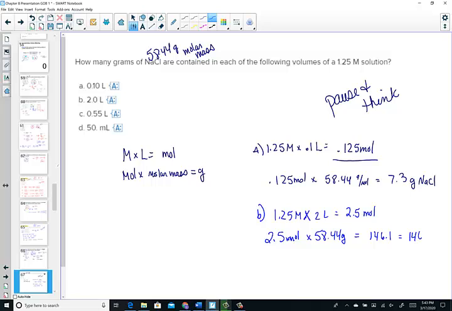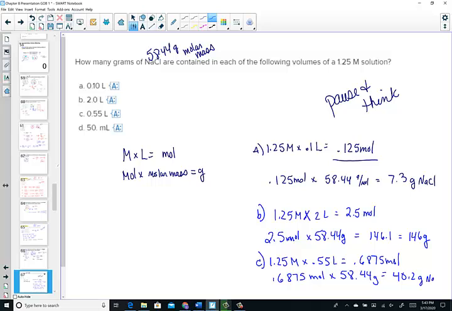We'll just leave that as 146 grams. Letter C, 1.25 molar times 0.55 liter gets us number of moles. Carrying those decimals, and we'll just round at the end. I'll multiply that by the formula weight, and we get 40.17. I'll say 40.2 grams of sodium chloride.